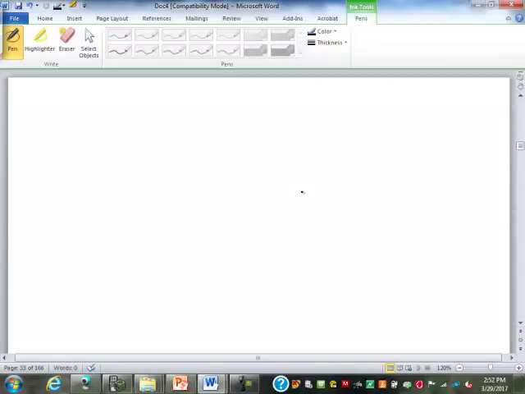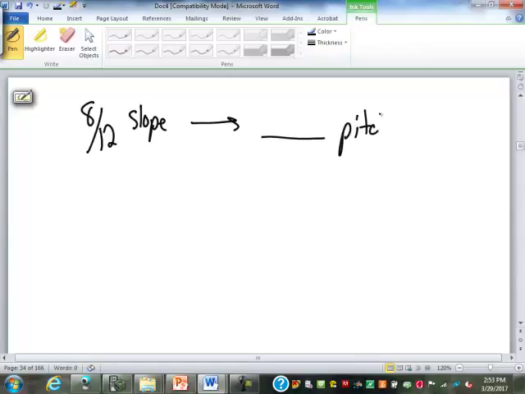So now what I want to look at is how do we convert if we have something given as a slope? Let's say you're given an 8/12 slope. How can you convert that into an equivalent pitch? And it's actually way simpler than it looks.